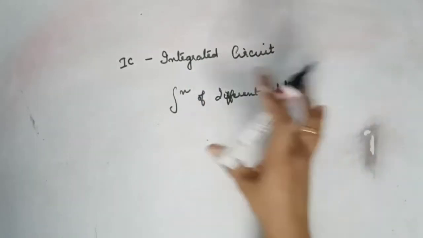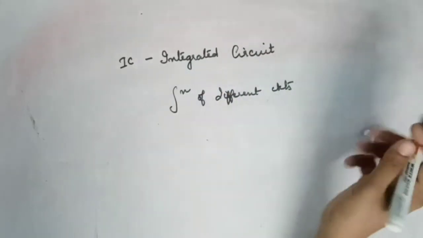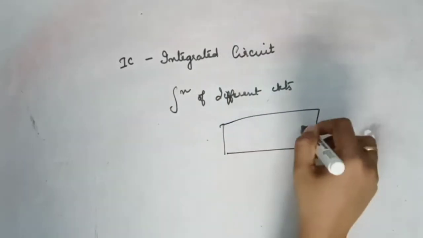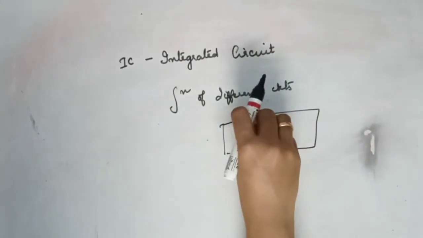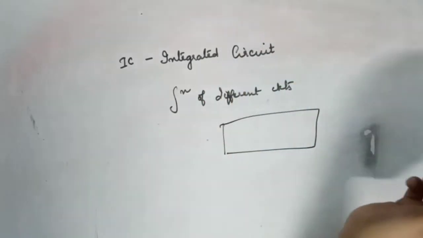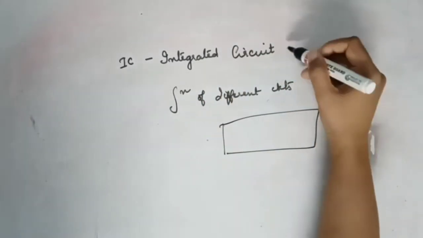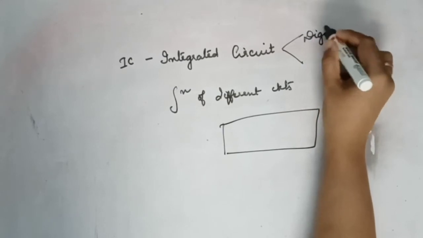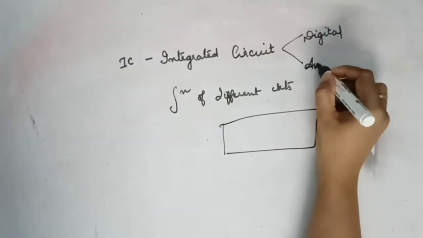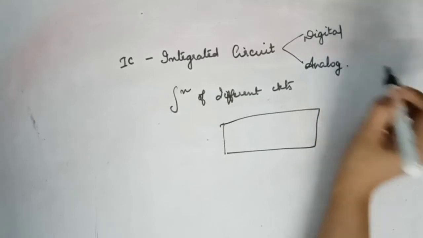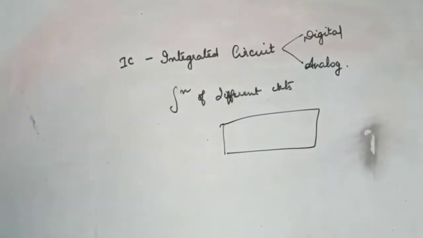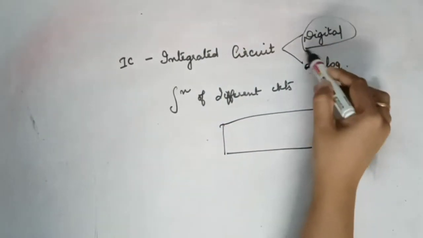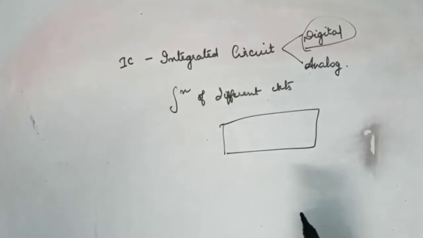Integration means summation of different circuits. So inside an IC, you have many circuits integrated. That is what you call an IC or integrated circuit. Broadly classified, you have digital ICs and analog ICs. In this particular subject, we'll be dealing with digital ICs because the subject itself is digital.